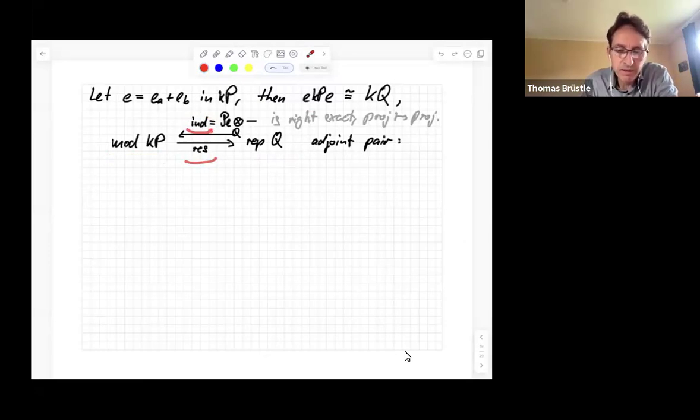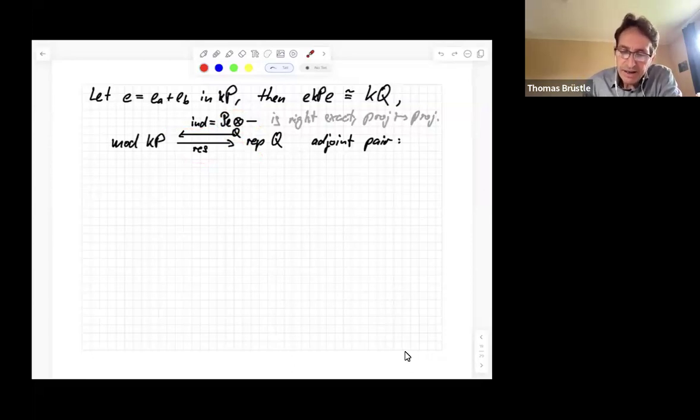And induction is given by tensor product. I tensor over Q with this module PE. So that's the functor that goes from here to there. And this is a well-developed theory. This is an adjoint pair of functors.